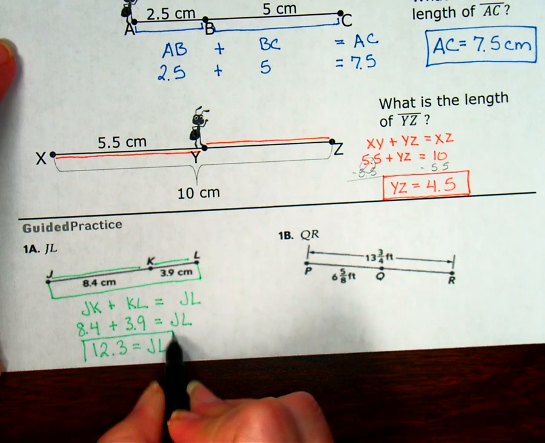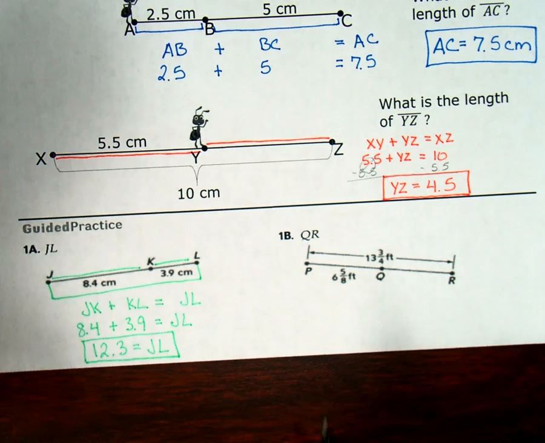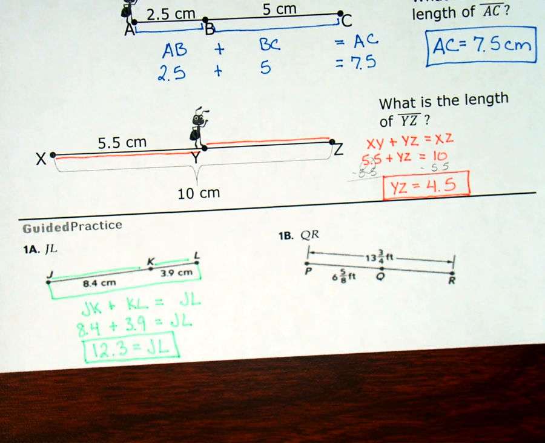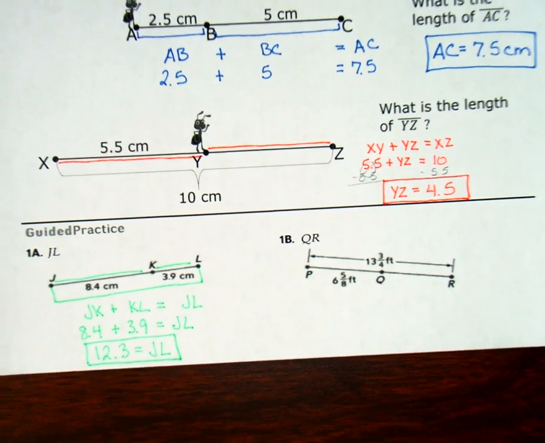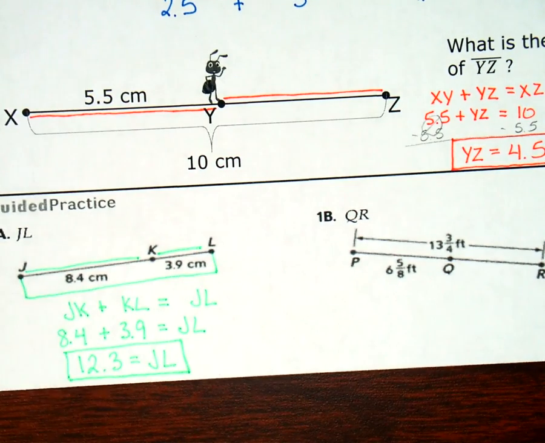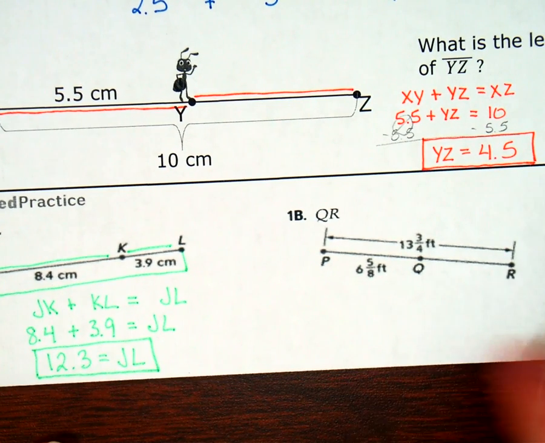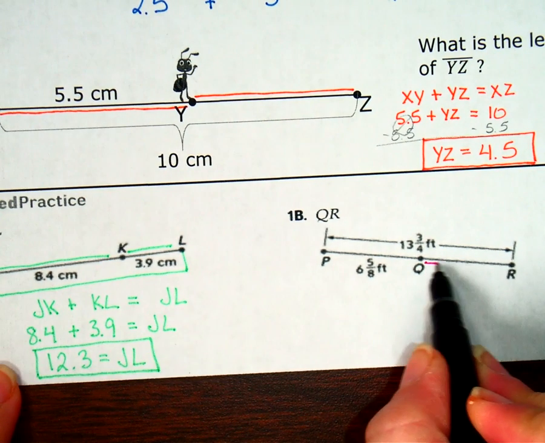If this was a proof and it wanted me to prove that JL equals 12.3, I'd need to use my symmetric property of equality to flip that around. Okay, let's zoom in a little bit on that green. It's a little difficult to see. Okay, so 12.3.